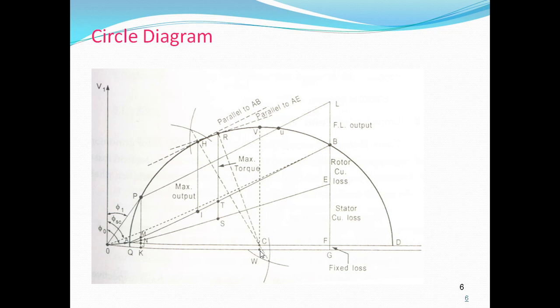So VW represents the maximum input for the induction motor. So from this we can calculate rotor copper losses, stator copper losses, maximum output, maximum torque, and maximum input. So fixed losses, everything we can calculate from this circle diagram.